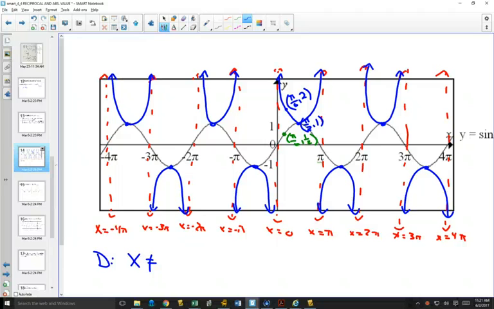X can't equal 0, x can't equal pi, x can't equal 2 pi, 3 pi, negative pi, negative 2 pi, and forever. How can I write all of those at once? X can't equal k pi, where k is any integer. Good.